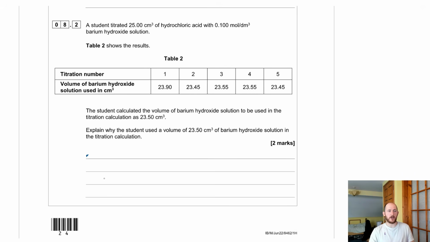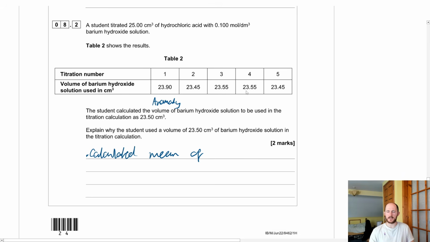First of all, he would calculate an average. But there is one thing. He calculated the mean. However, he didn't use all the values. If he used all the values, then it would be skewed closer to 23.9. But if you notice, this is an anomaly, which makes sense because it's the first time he did it. He probably just made a little bit of a mistake, which is normal.